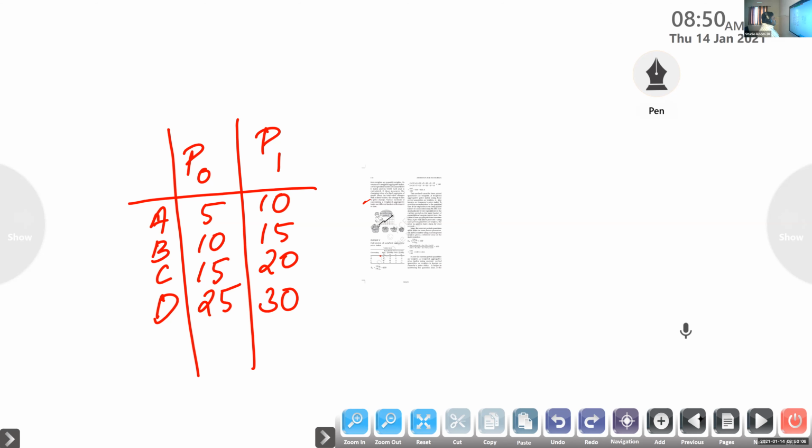So there is an error in your calculation, I think, Karthik. Just check it properly. Because the numbers here are 5 to 10, 10 to 15, 15 to 20, 25 to 30. So I already told you that the sense is more important here, right? So more or less 50% growth only you can see here.